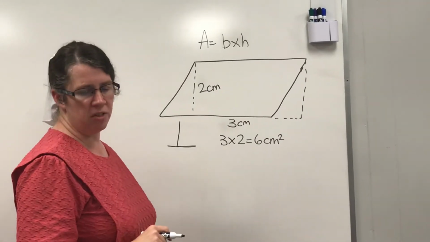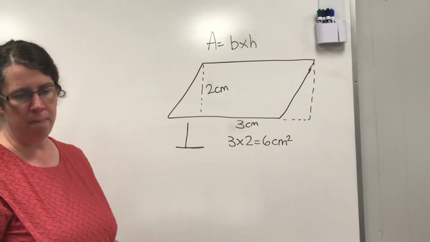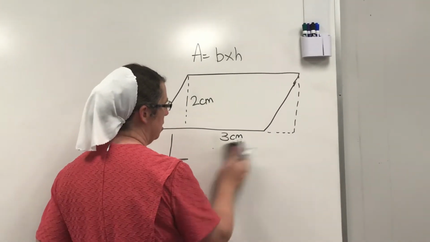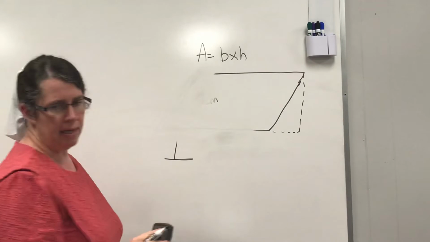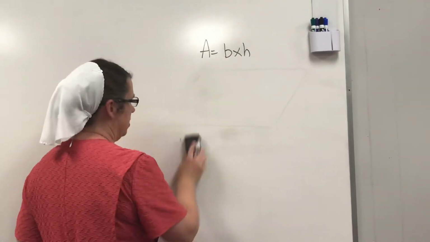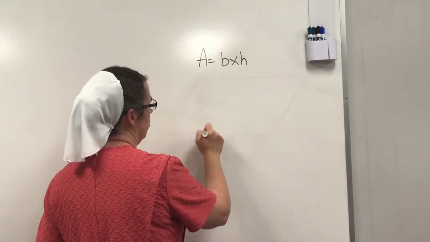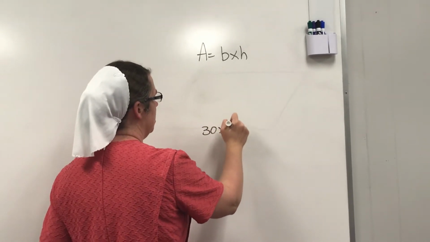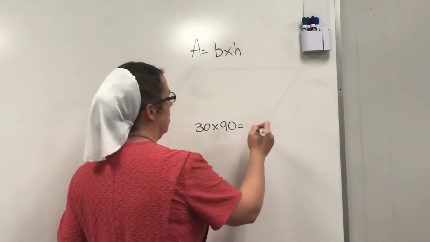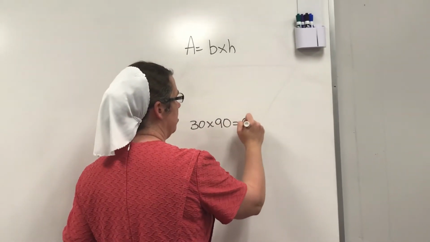All right, the next figure that you're doing on 1B is your base is 30 and your height is 90. So you would say 30 times 90 is, 9 times 3 is 27.